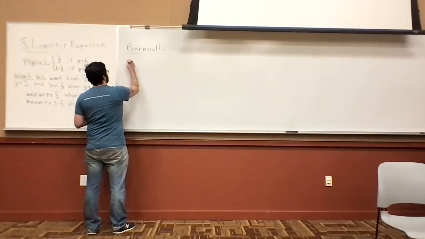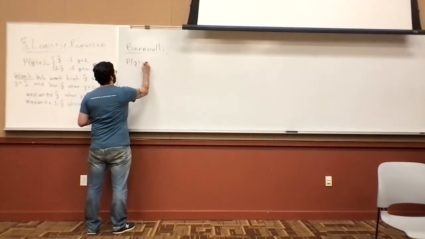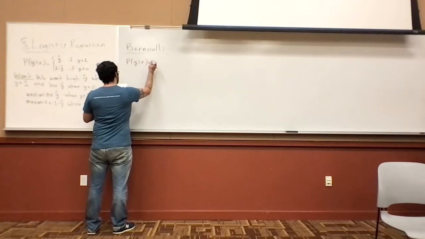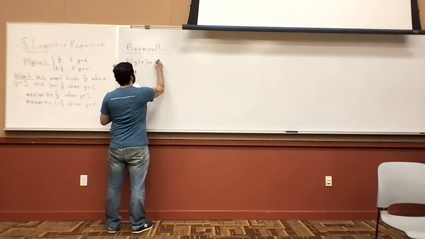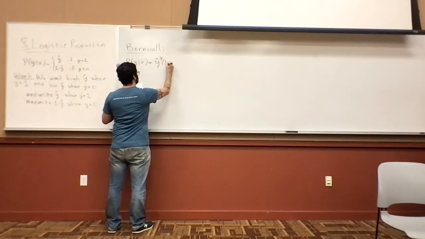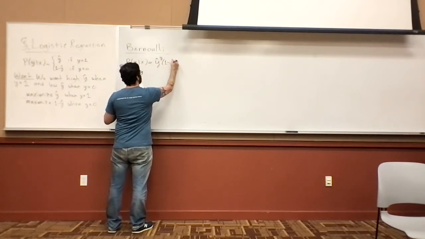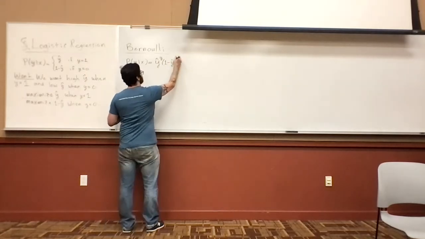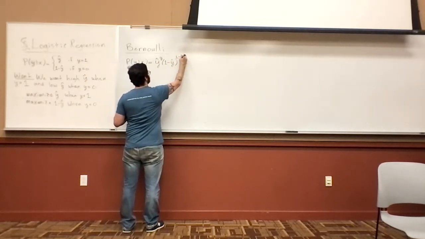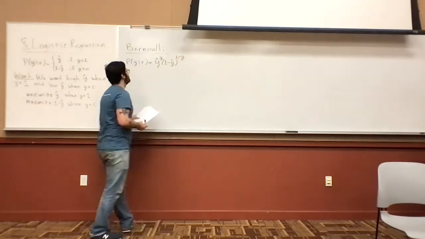It looks something like this. So the probability of y given x, we can write as y hat to the power y times 1 minus y hat to the power 1 minus y.